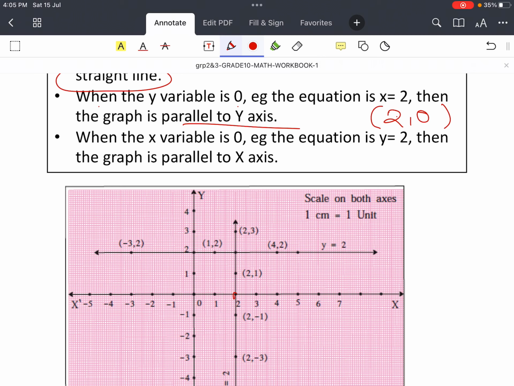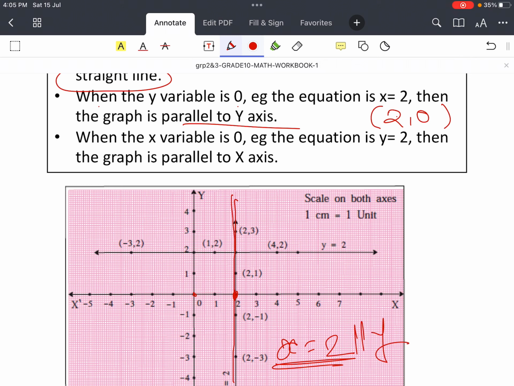Write down here x is equal to 2 means this point, and y is equal to 0. So this line is the equation of x is equal to 2. Clear है?